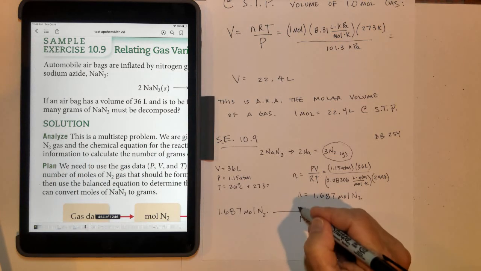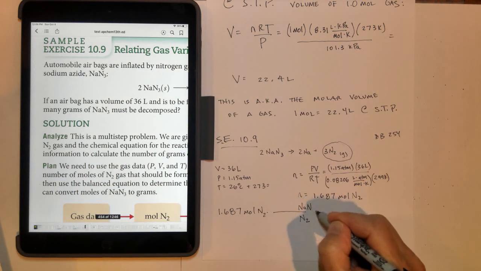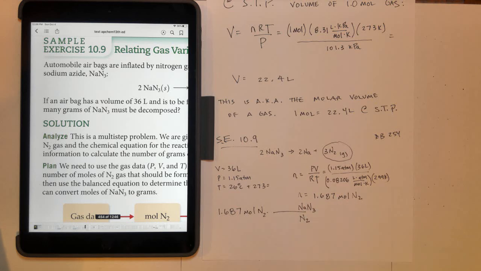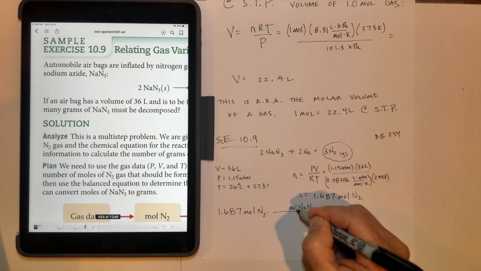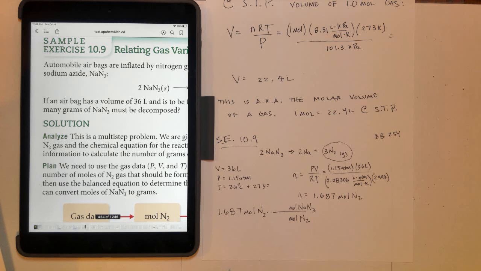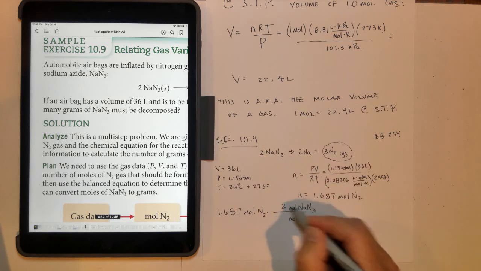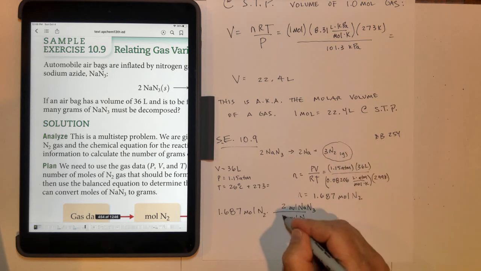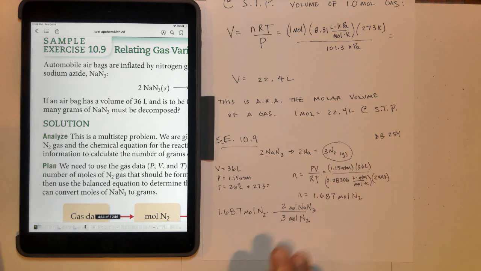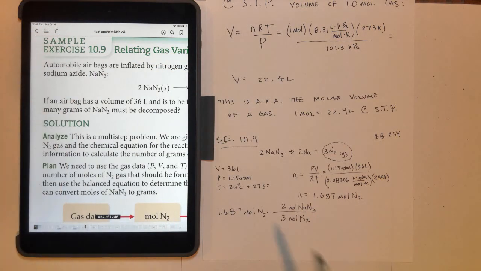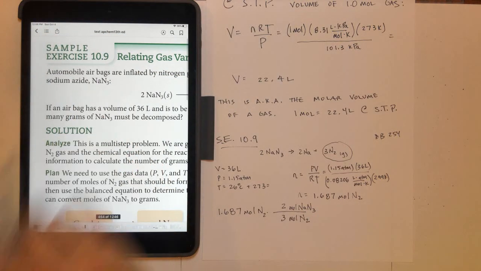So let's put sodium azide as my new set of units, moles of it over moles of it. For every 2 moles of sodium azide, there are 3 moles of nitrogen. If I stopped right there at the end of step 3, I'd have the moles of my sodium azide.